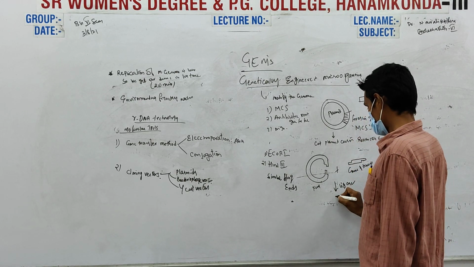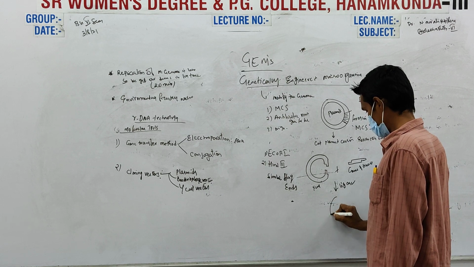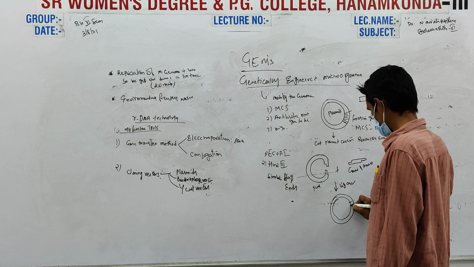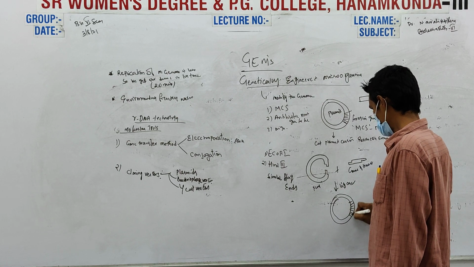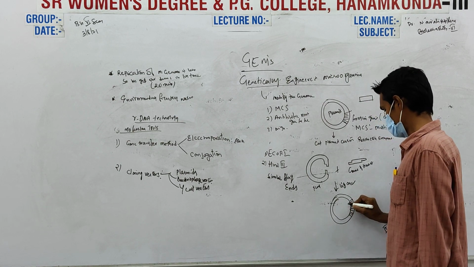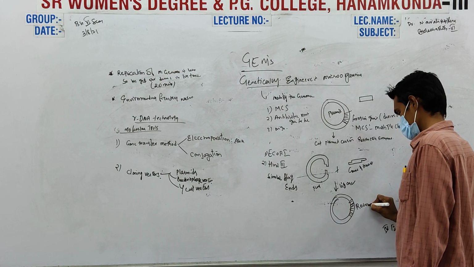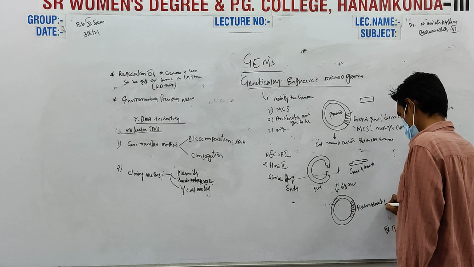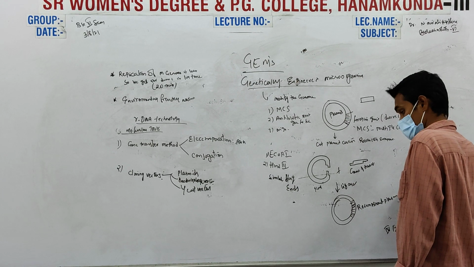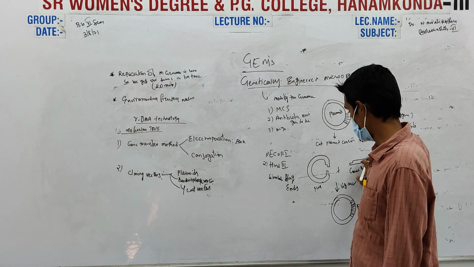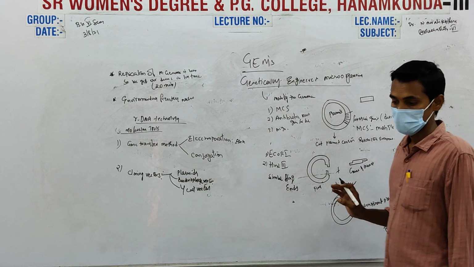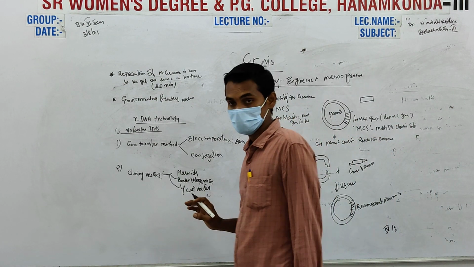This ligase will ligate the plasmid and the gene of interest to form a recombinant vector, a recombinant plasmid. So the insertion of the foreign gene into the plasmid results in the formation of a recombinant vector.